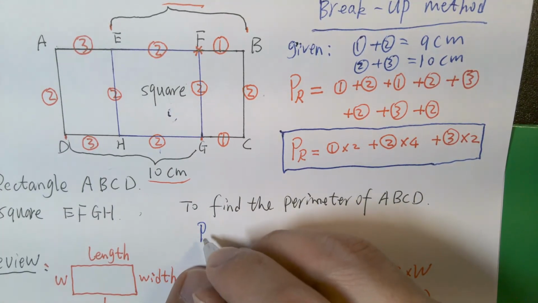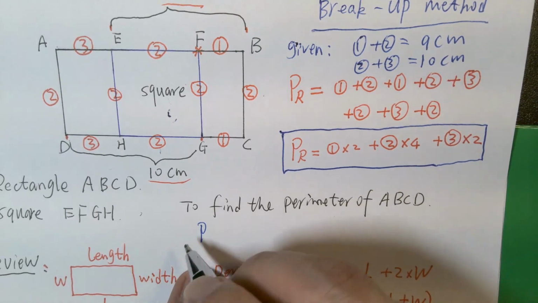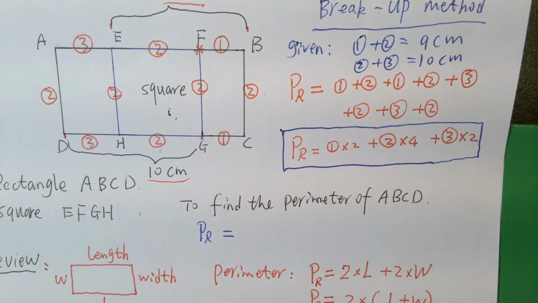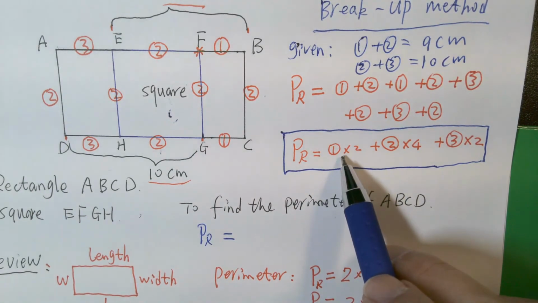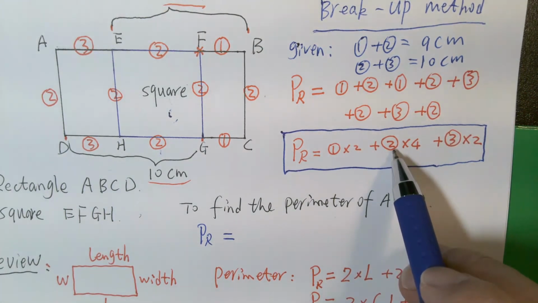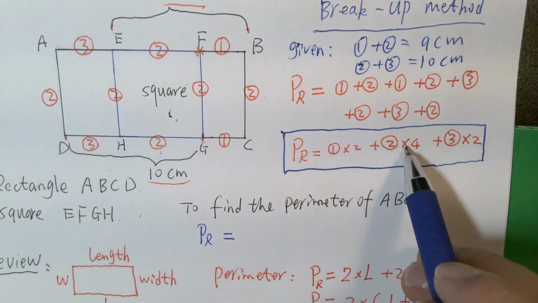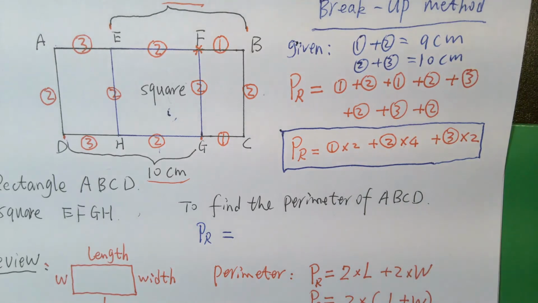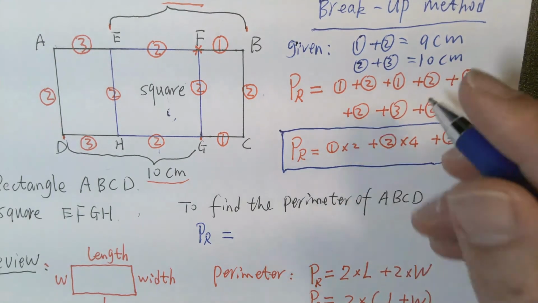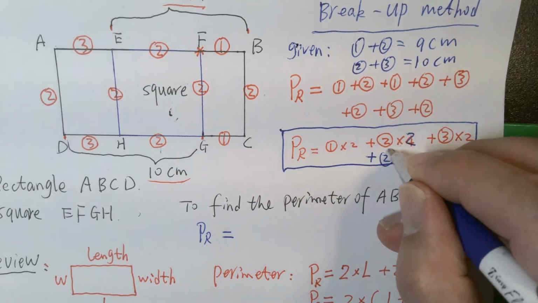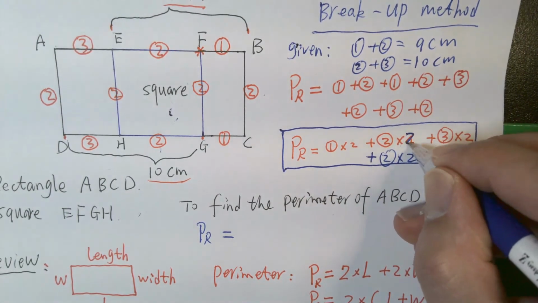Okay, now the perimeter of ABCD, that's the rectangle, equals 1 times 2 plus 2 times 4. Now 2 times 4 is the same as, let's write that as 2 times 2, plus another 2 times 2, the same as 2 times 4, right?